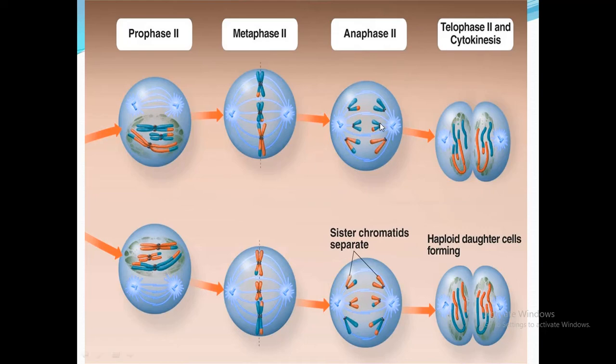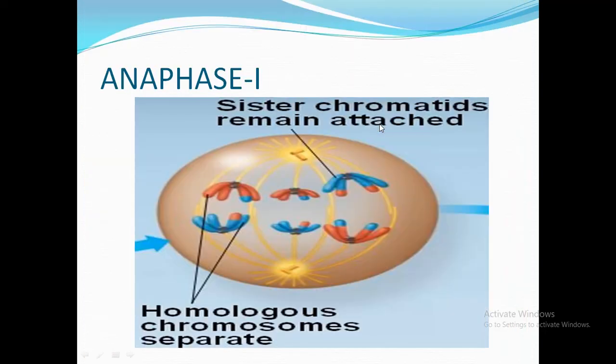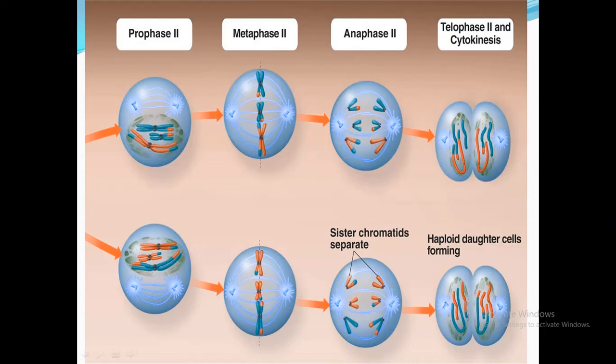But in meiosis, in anaphase 1, only homologous chromosomes separate, and in anaphase 2, the sister chromatids are separated.